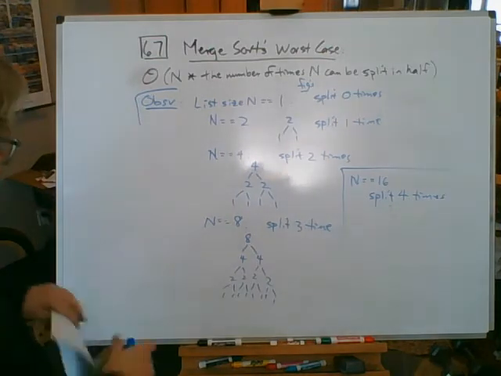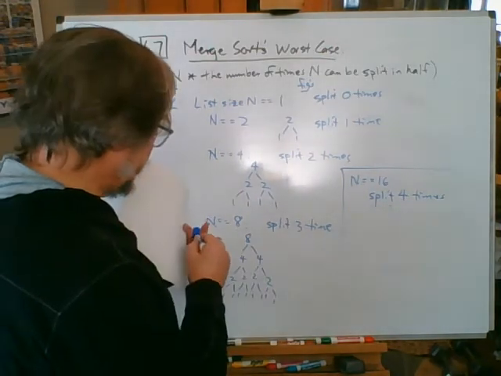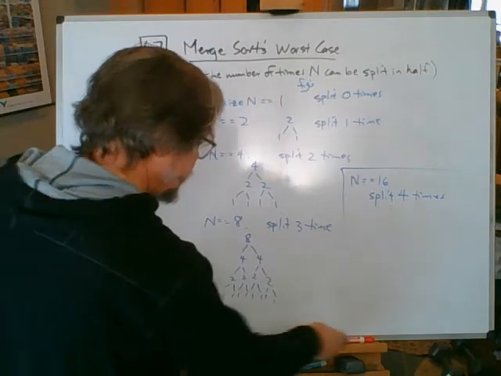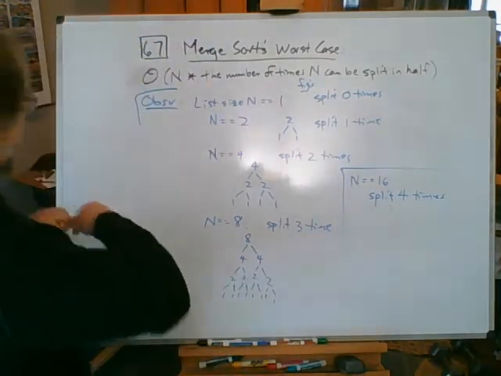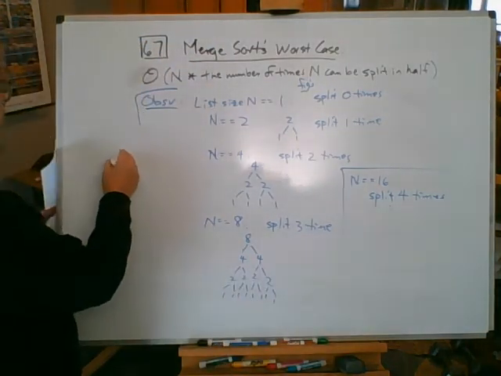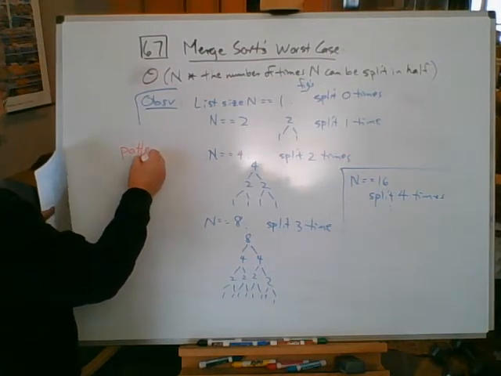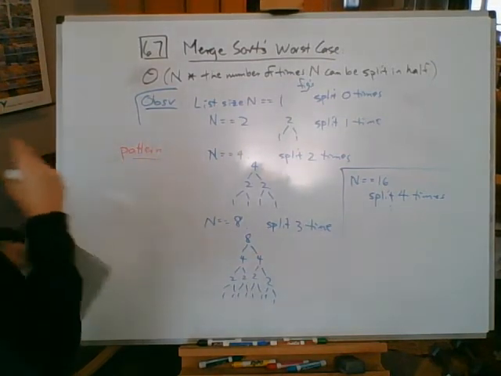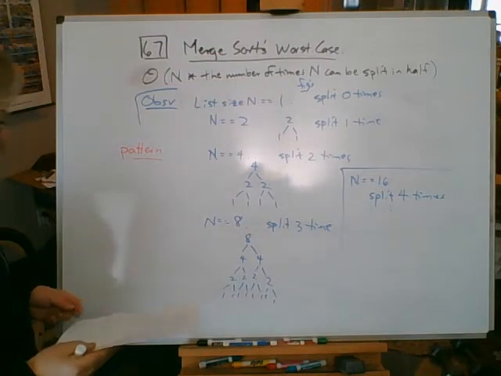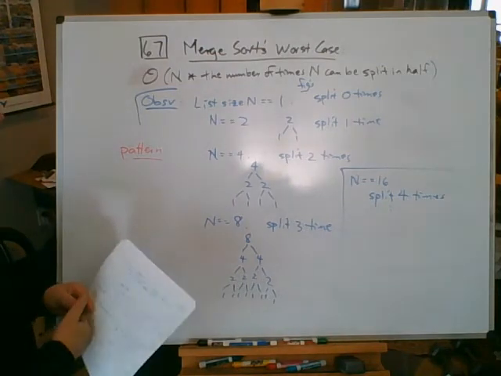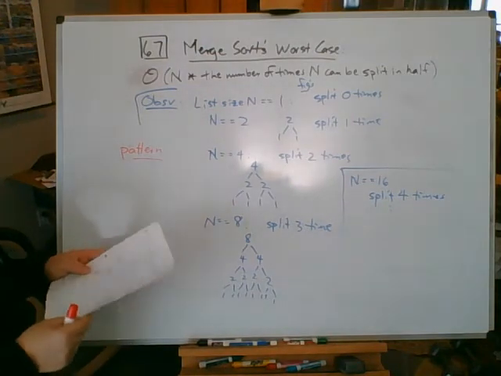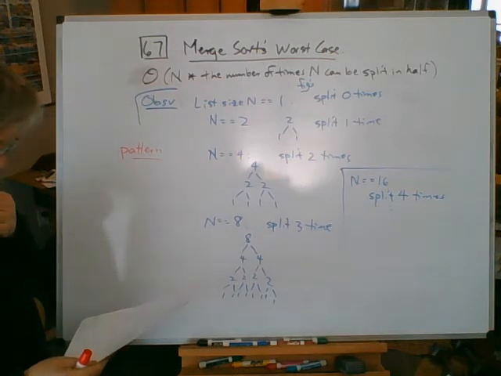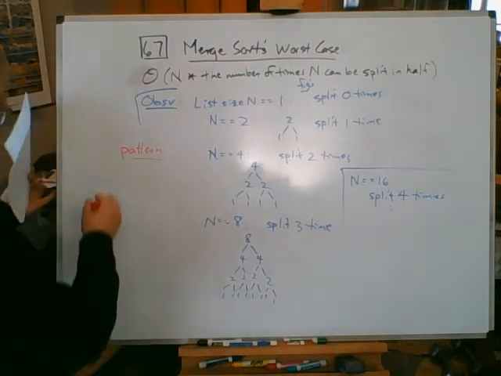What's the pattern? Let me change colors again to make the pattern stand out from all these pictures and examples. Red, that should get our attention. Pattern. What's the relationship between the length of the list and the number of times I can split it? How about this?